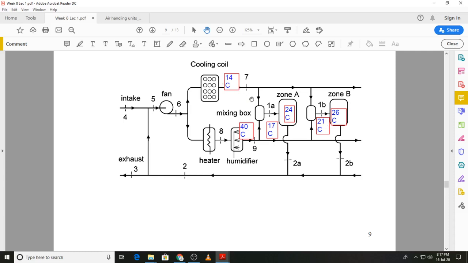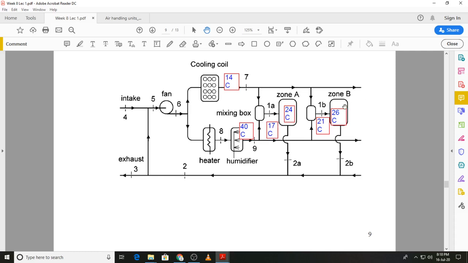The air that we are supplying from the cooling coil will be mixed with the air coming from the heating coil in a mixing box, and by changing the proportion of the air in this mixing box, we can control the supply temperature to a particular zone.